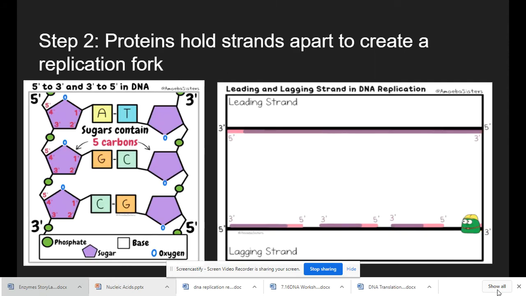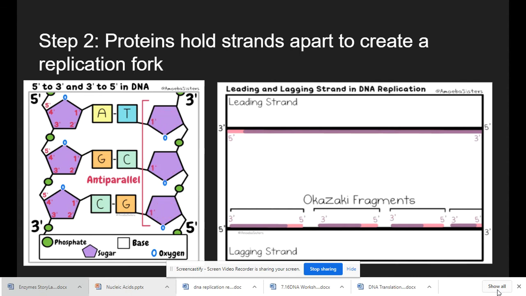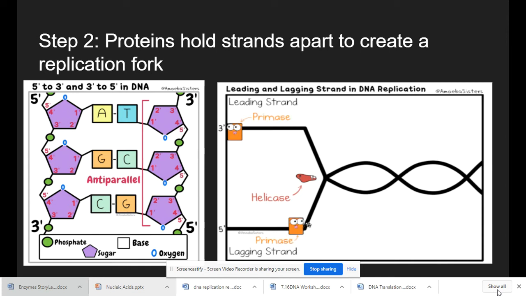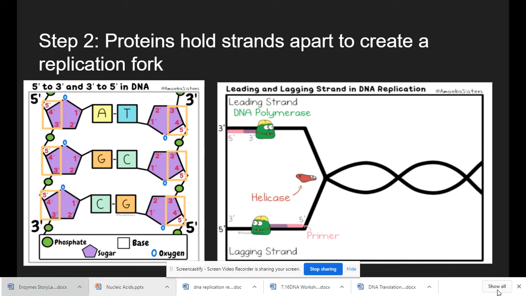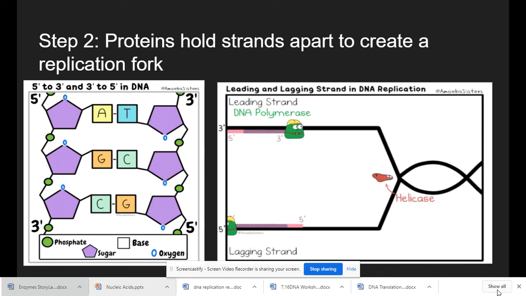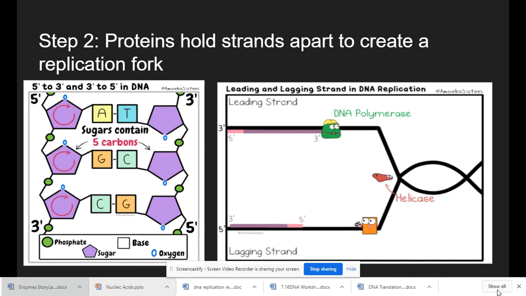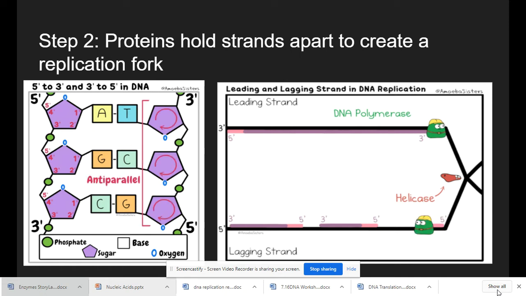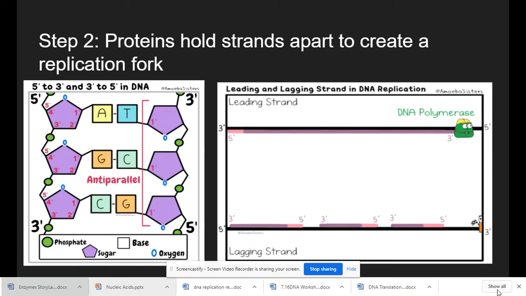Once the unzipping occurs, there are some proteins that come in as the helicase is unzipping the DNA. Those proteins are called primase, and they help to hold the DNA strands apart so that way DNA replication can occur. They sort of pin those pieces back, as you can see in the animation to your right. We also have another enzyme that comes in called DNA polymerase.